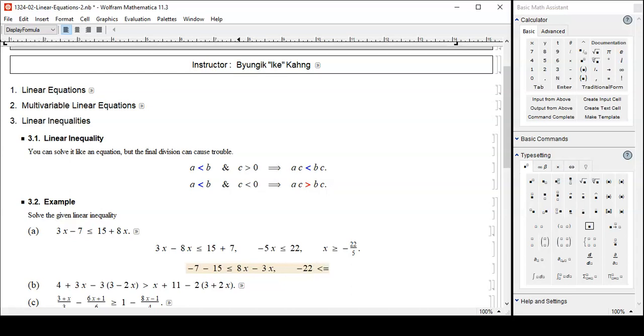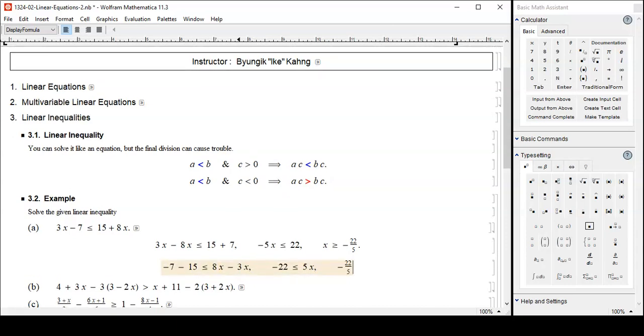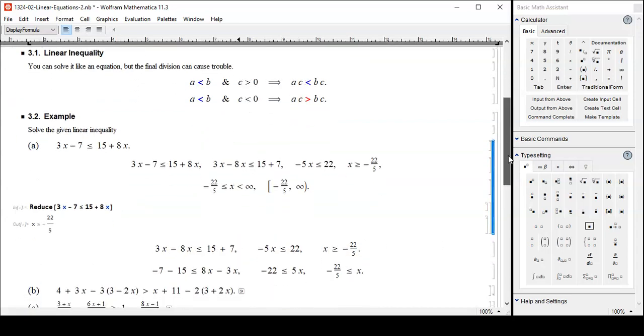That's less than or equal to 5x. And then divide by 5. There you go. I don't have to worry about flipping the direction of the inequality because I'm dividing by a positive number. Either way, it works out. I prefer to use the second method.